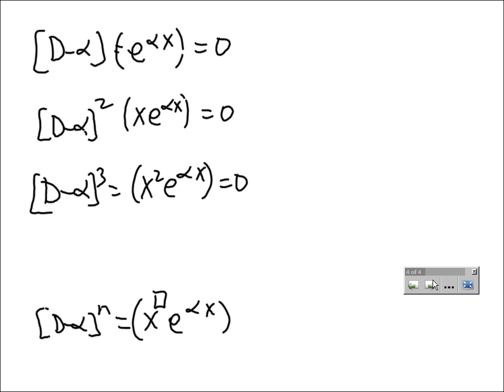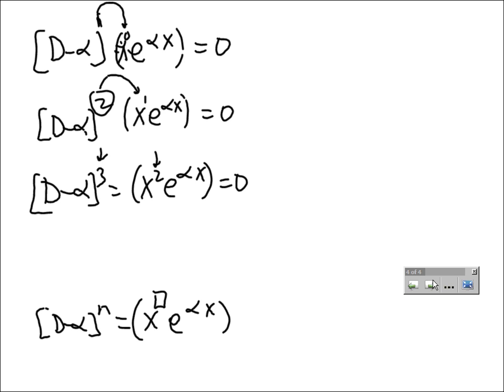What power goes here? Well, if you think about it, this was x to the 0, but that understood power out there was 1. And when the power was understood to be 1, we put 1 more, we put 2. When the power was 2, we put 1 more. Or working the other way, if the power out here was 1, that power is 1 less.